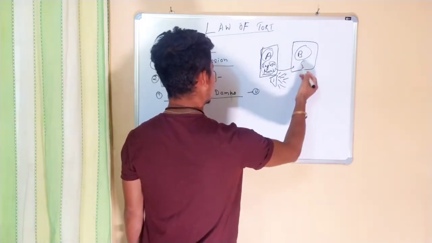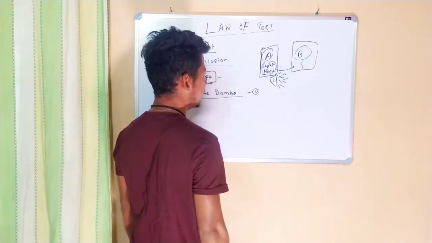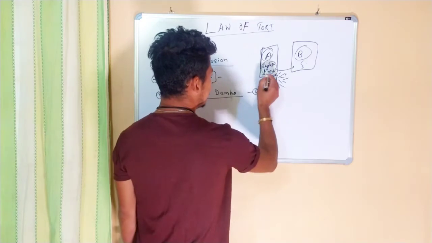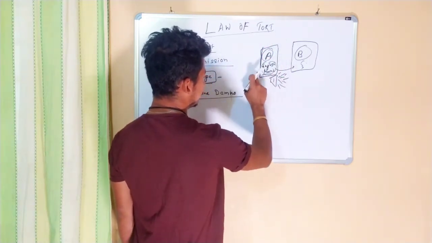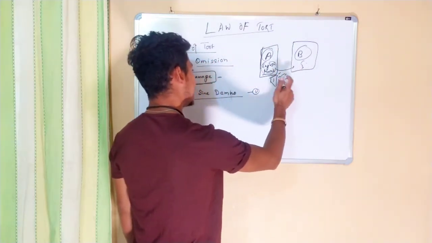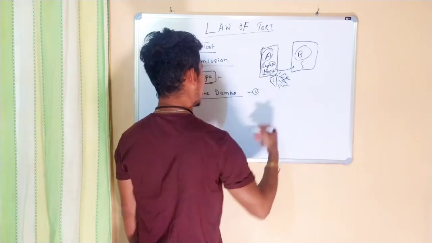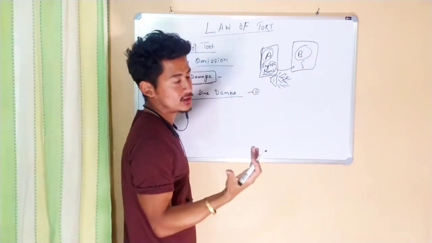So in that case B will have the right. B's right to enjoy his land has been violated, because in the first case, A was listening at a very nominal volume in his room only, but still B had a problem. But now A has exceeded the volume, it is so loud that it is really disturbing for B.